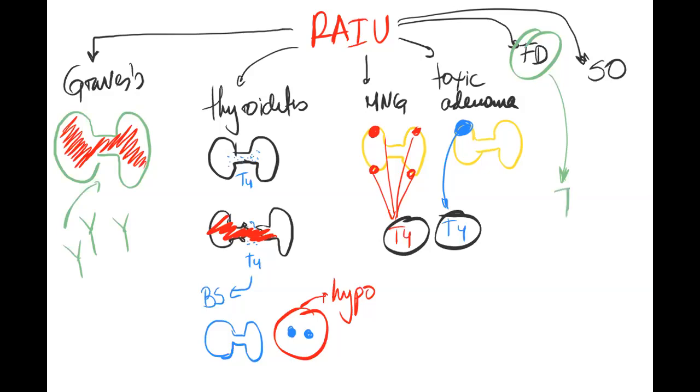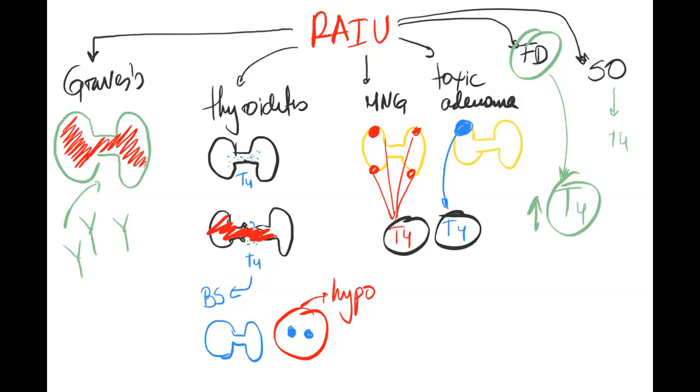It's an exogenous intake of T4. And those patients are going to get elevation of the level of T4, but it's because the patient is taking pills of T4. Probably the patient wants to get a decrease in weight. And the struma ovarii is basically an ovarian tissue that is producing T4.